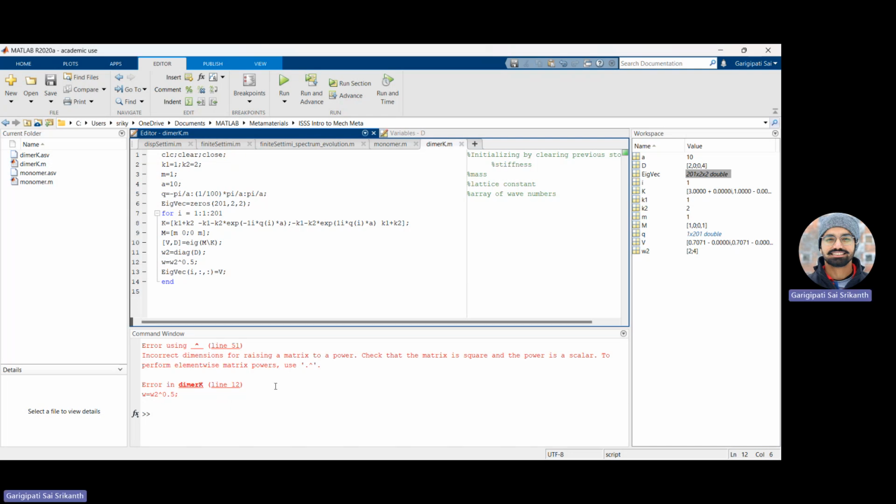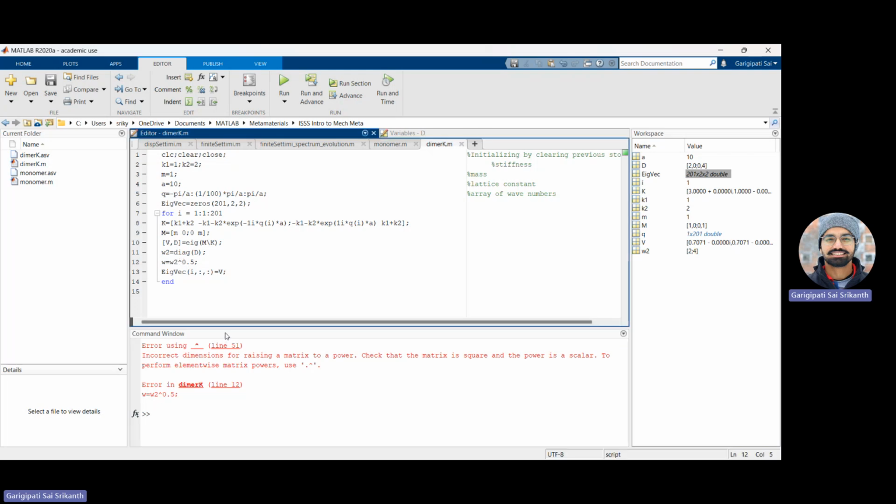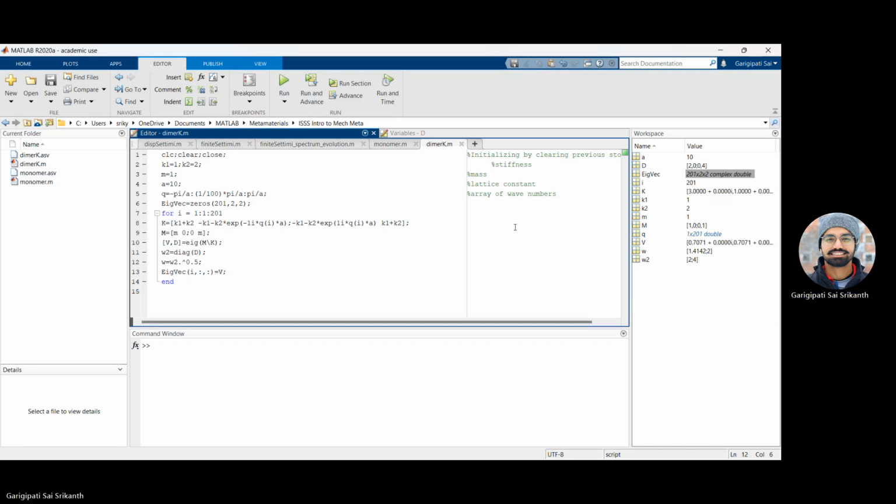So instead of the power operator, use dot power, which applies to individual elements. Yeah, now it's working.